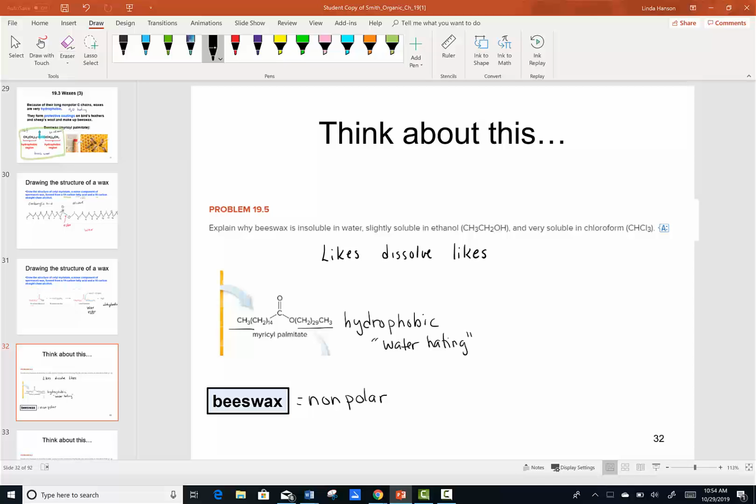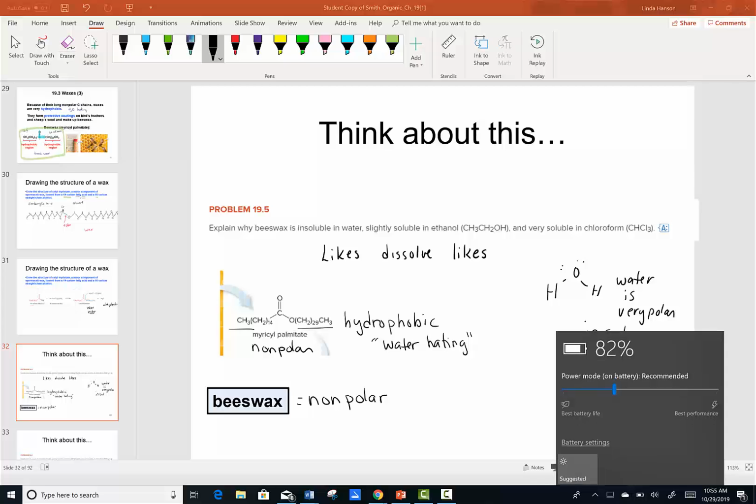A water-hating molecule is insoluble in water, which makes sense because water is a very polar molecule, and that would not follow the general trend of like dissolves like. Beeswax is non-polar and very hydrophobic, so it is insoluble in water just because they're opposites. Non-polar will not dissolve in polar. The next one it gives us is ethanol.